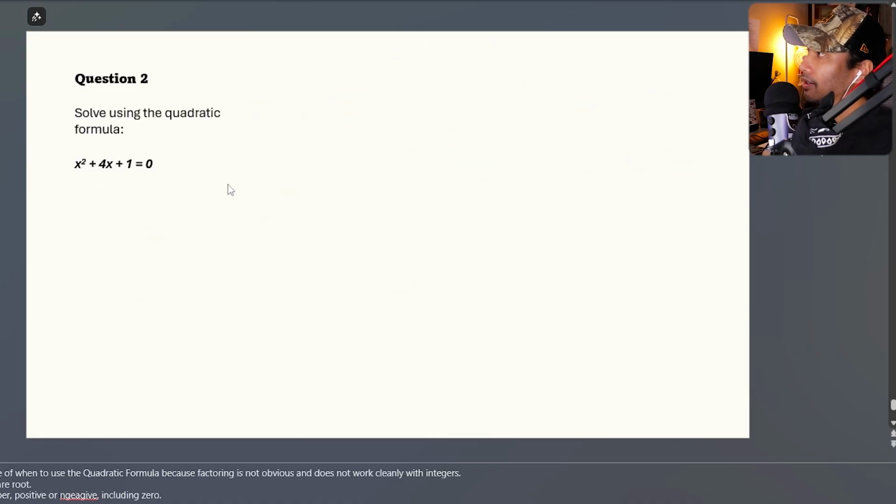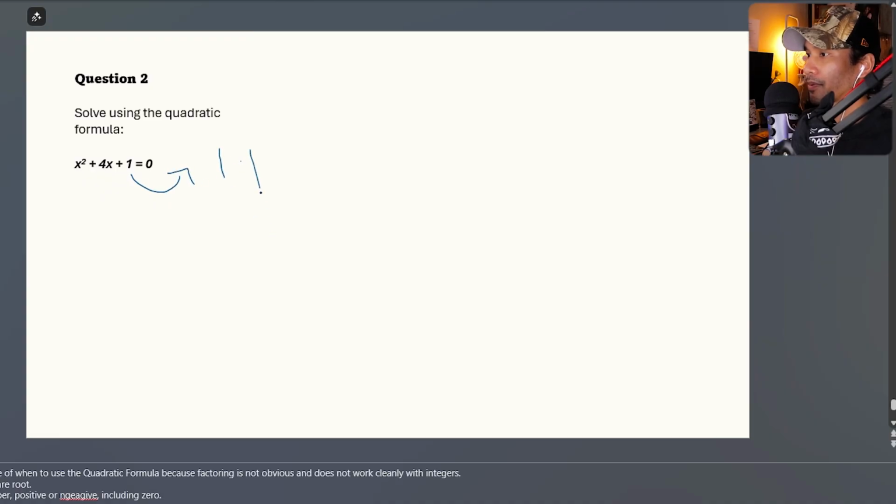So question number 2, x squared plus 4x plus 1 equaling 0. Now, remember factoring, right? We can't get two integers that multiply to 1 and combine to get 4, because all you could multiply 1 by is 1.